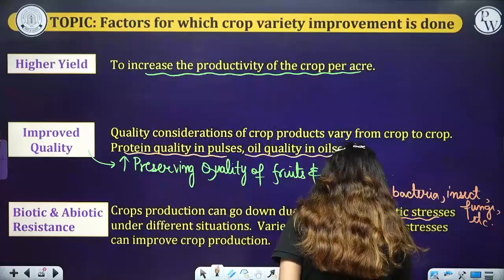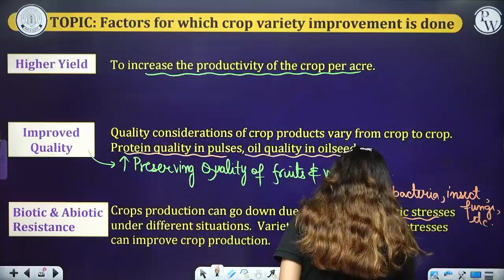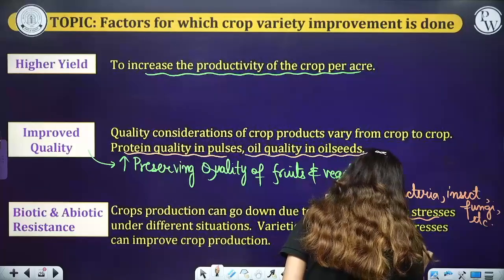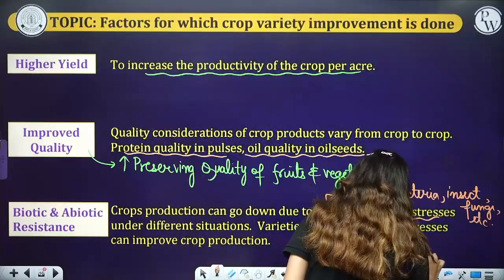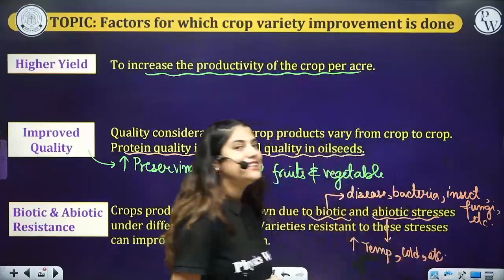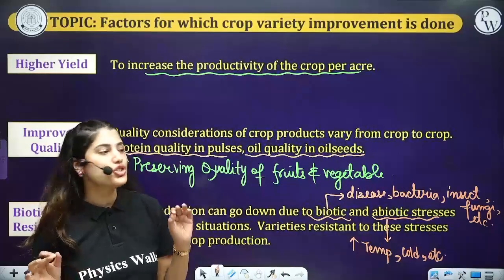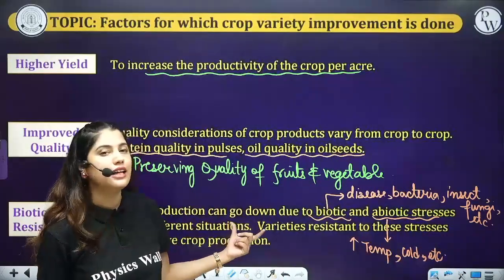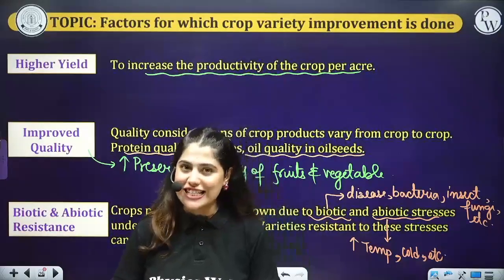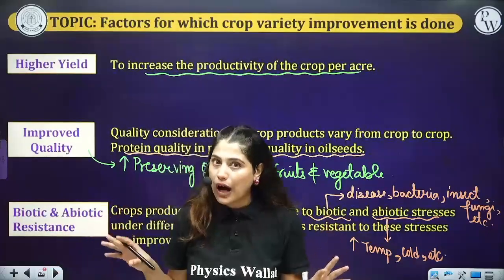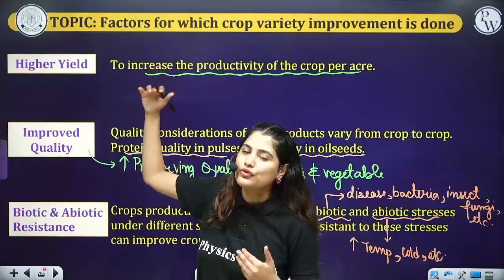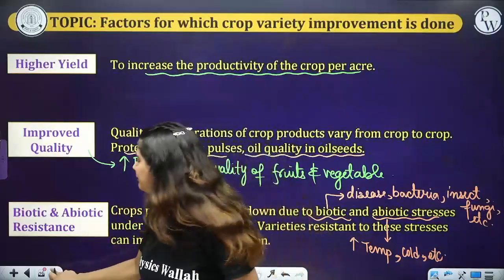That is your temperature, high temperature, or maybe cold condition, extreme cold condition, etc. All these conditions can also damage your crop. So you're protecting them from biotic as well as abiotic stresses. So that was about it. We have some other points also on how we can improve the crop.